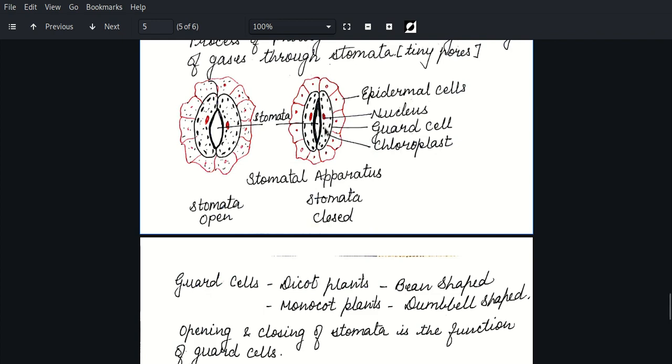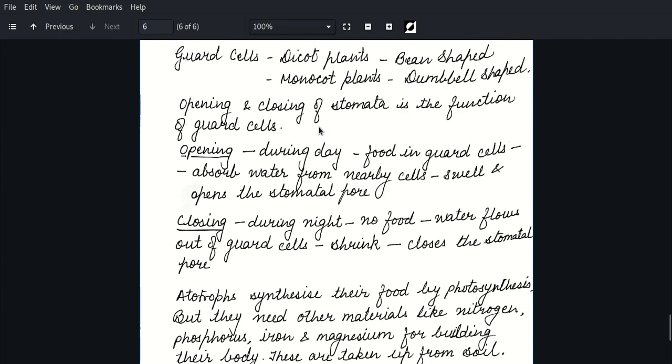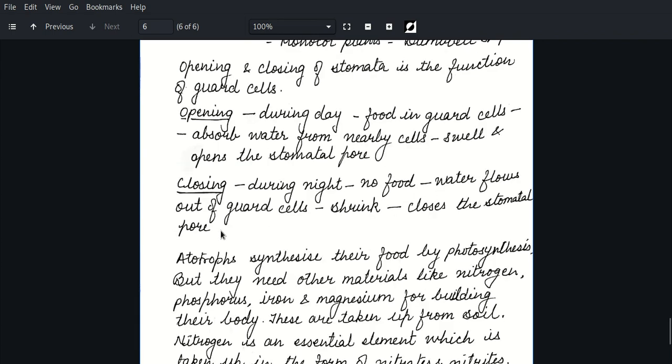When guard cells shrink, they come closer and close the stomata. So here in this form we can understand opening and closing.